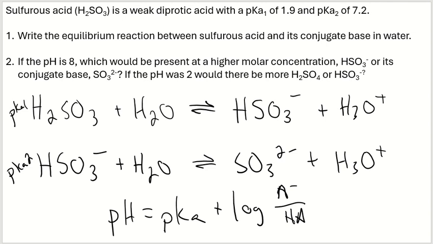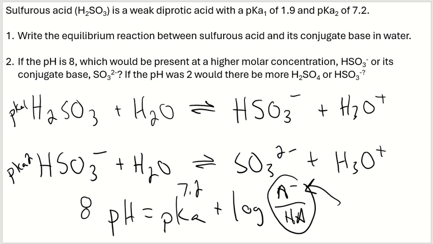And so basically, at a pH of 8, and pKa here is 7.2, if you were to solve for the ratio of A minus and HA, you would find that that would be a value that is greater than 1. In other words, we would have more A minus compared to HA, more conjugate base compared to acid.